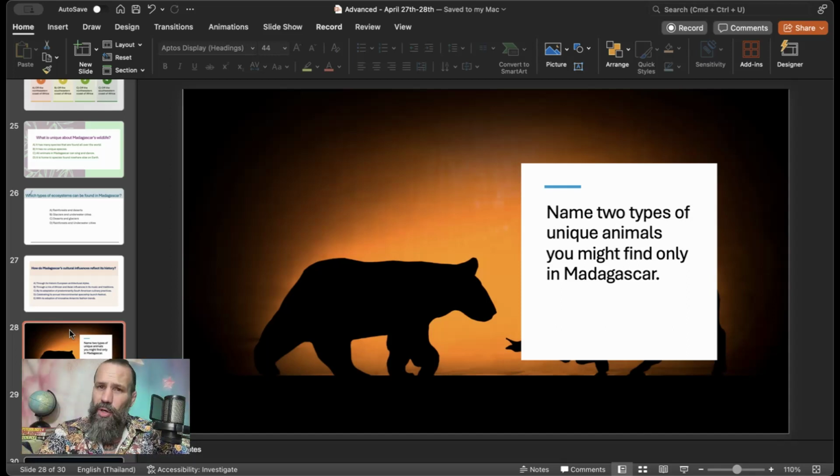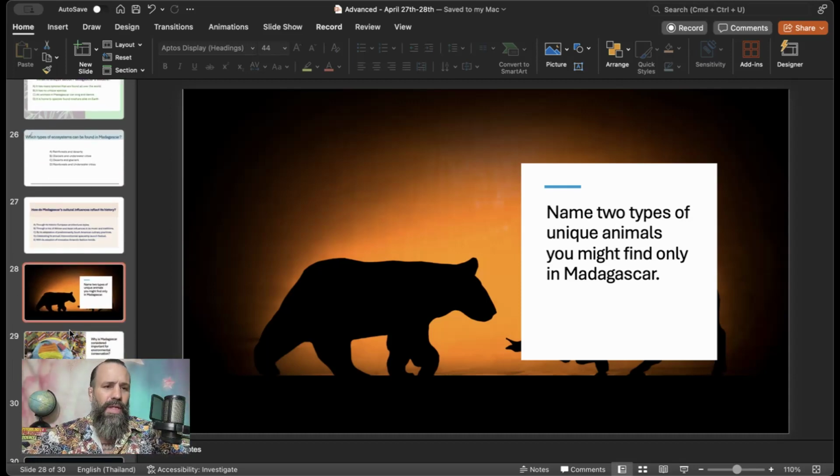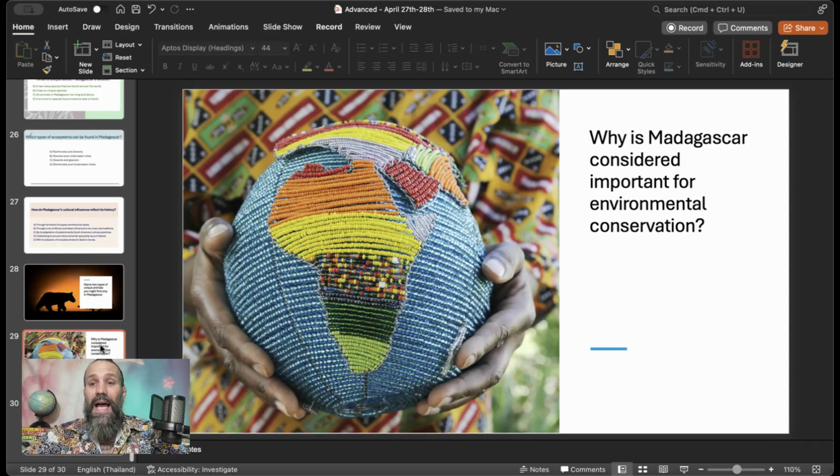The other one was unique birds, exotic birds. There's many different kinds, of course. And why is Madagascar considered important for environmental conservation? Well, what did I say there exactly? We're talking about deforestation is a problem, and you could come up with your own answers as well related to preserving wildlife.